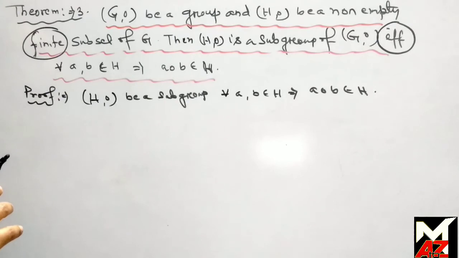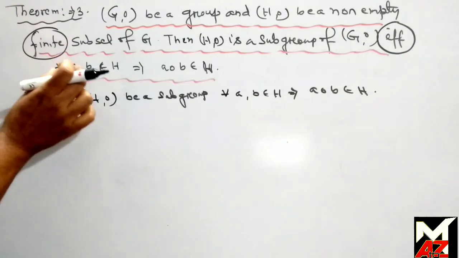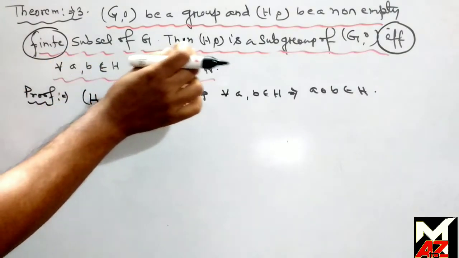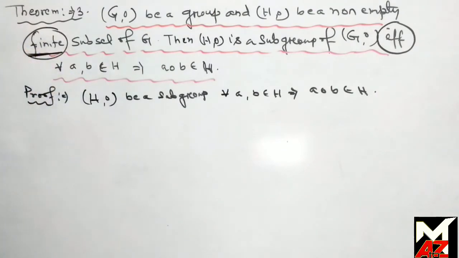Now we take conversely that for all A, B belongs to H, A composition B belongs to H, and here H is finite.